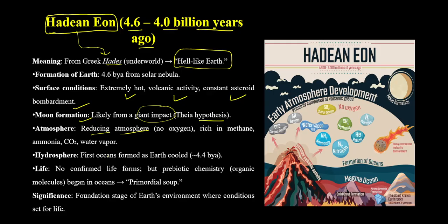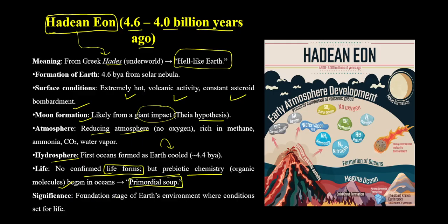As for the hydrosphere, the first ocean formed as Earth cooled after a long gap of millions of years. Oceans formed, and in this particular eon no life was present, but prebiotic chemistry, or organic molecules, were present in the oceans and formed the primordial soup.